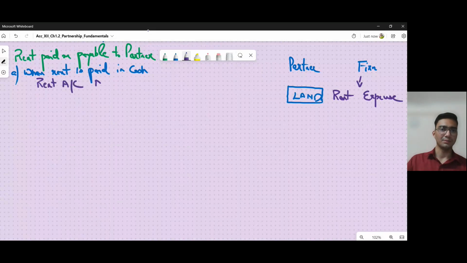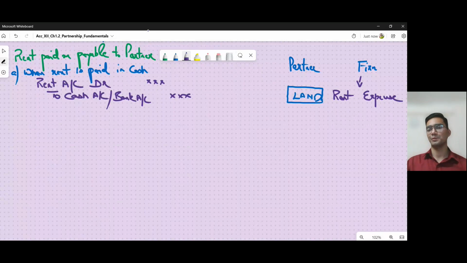Rent account debit, whatever may be the amount. To cash account, as it's paid in cash. If it is paid by bank, by a check, I will write to bank account. I'll put the amount here.